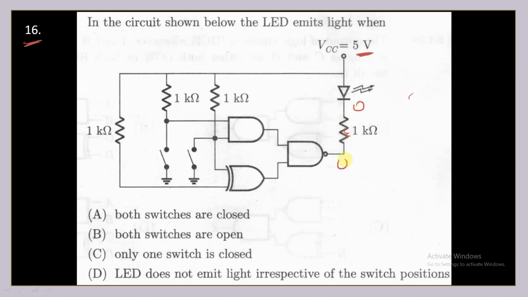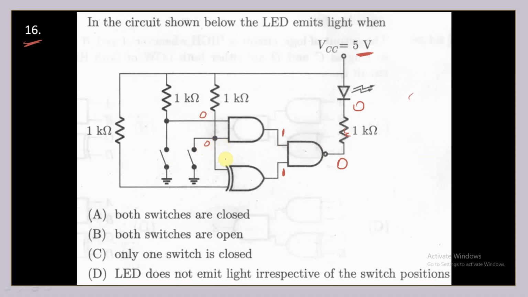So the output of your NAND gate should be equal to 0, that means the input should be equal to 1. That means the output of your XOR gate should be 1 and the output of your AND gate should be equal to 1. If the output of your AND gate should be 1, then definitely the input should be equal to 0. That means the switches should be open.